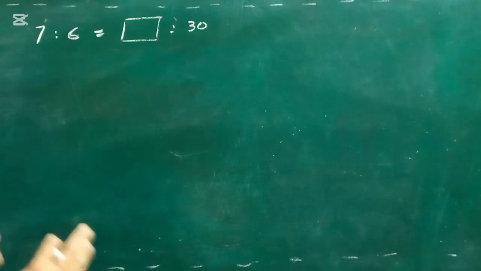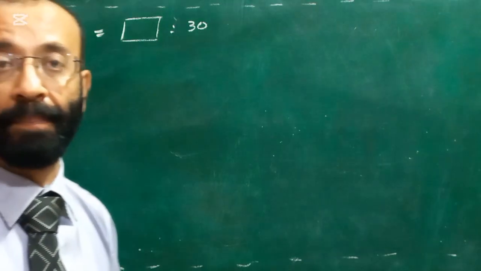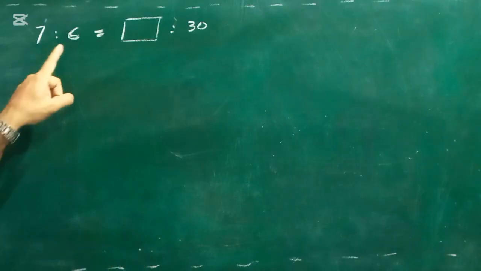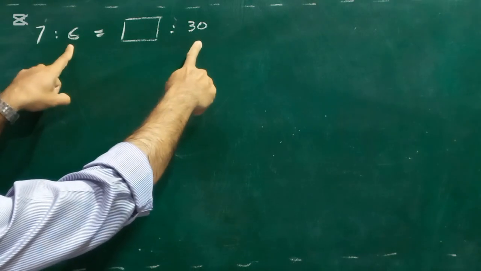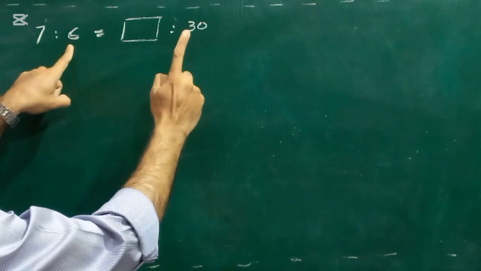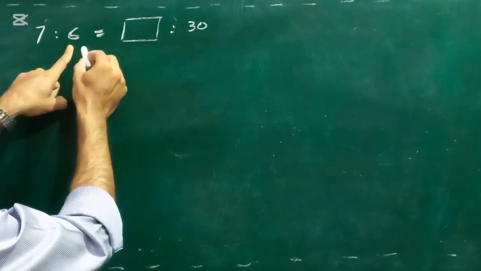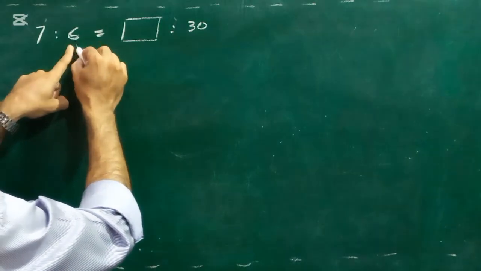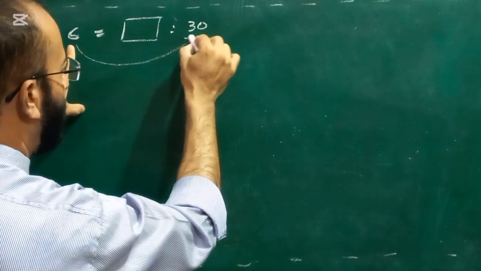Here is a question of equivalent ratios, which frequently comes in paper 1 of mathematics O levels. So a missing number is there in the equivalent ratios. So we will pick the pattern, because the second values in both ratios are given. We will pick the pattern of how the value from the first ratio is going to the second ratio.